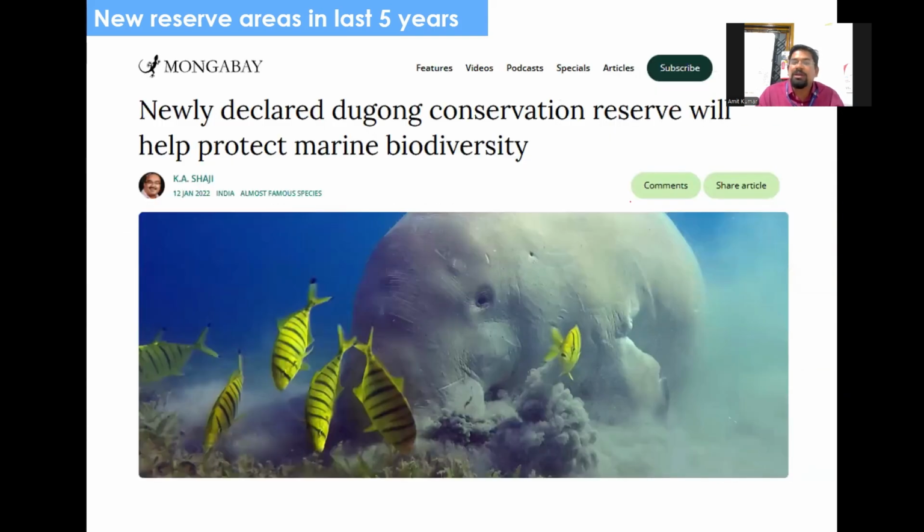But India's first Dugong Conservation Reserve has come into existence in Park Bay in coastal Tamil Nadu, wherein a special area is designated to protect the sea cow, or dugong, and its habitat. I think Prachi will be talking more about dugong conservation, in Park Bay or in Gujarat, but maybe both.